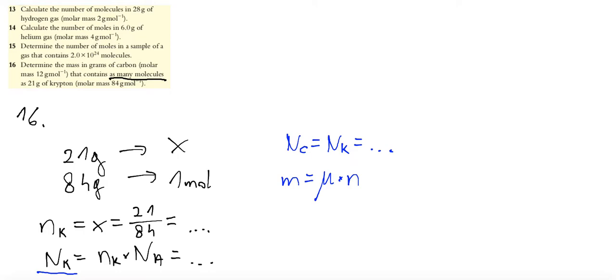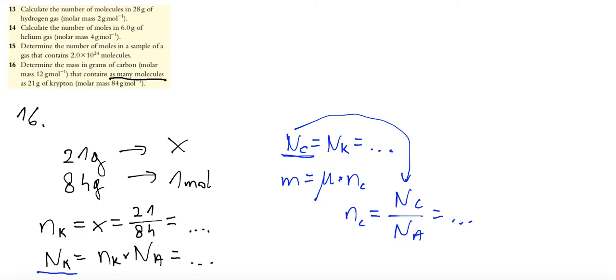So you have to find the number of moles of carbon, because the molar mass is given. So the number of moles of carbon, Nc, let's write Nc. The number of moles of carbon is the number of molecules of carbon divided by the Avogadro constant. The number of molecules is given, the Avogadro constant is given, so also in an easy way you can find the number of moles of carbon.